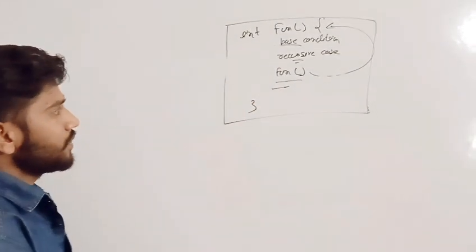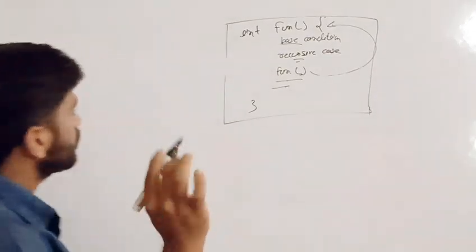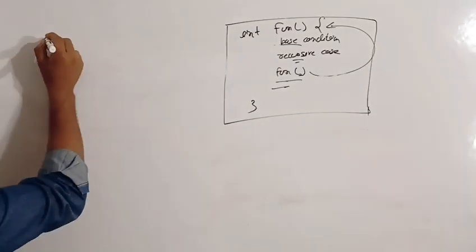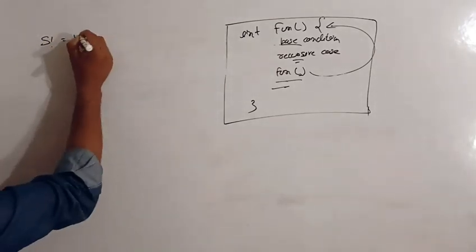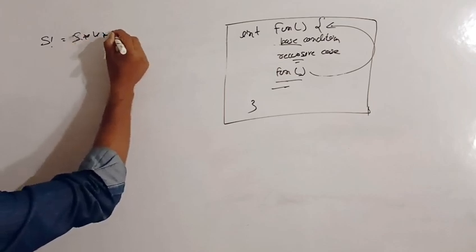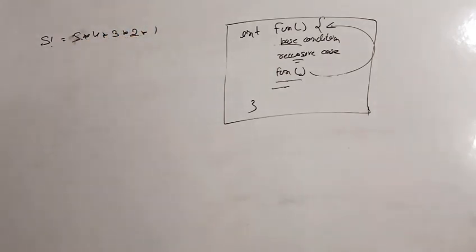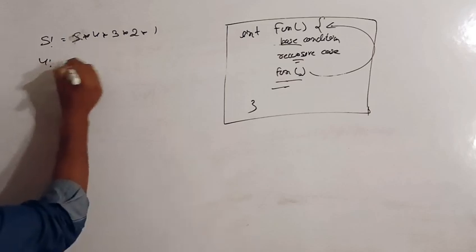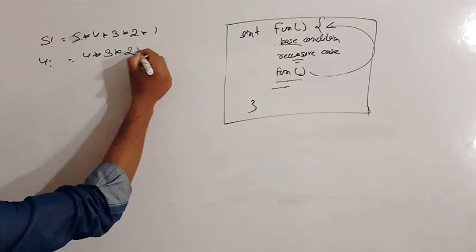Now consider that first of all we have to find the factorial of 5. Then we can write it as 5 into 4 into 3 into 2 into 1. And 4 factorial is 4 into 3 into 2 into 1.